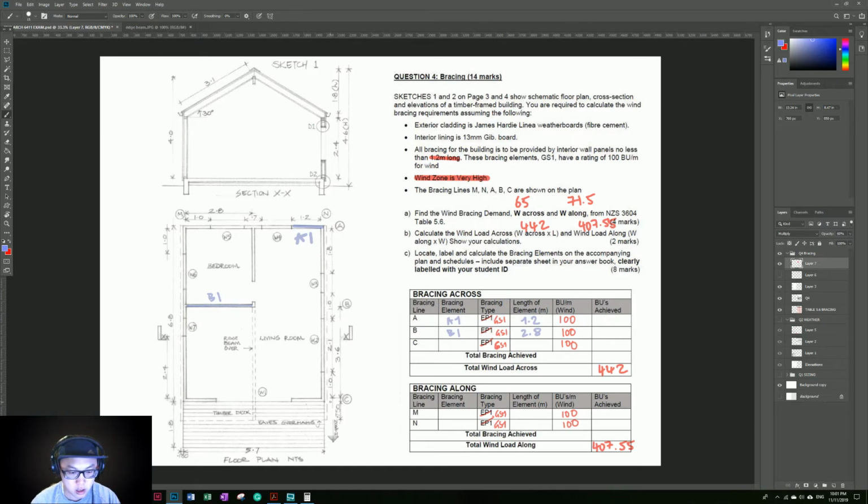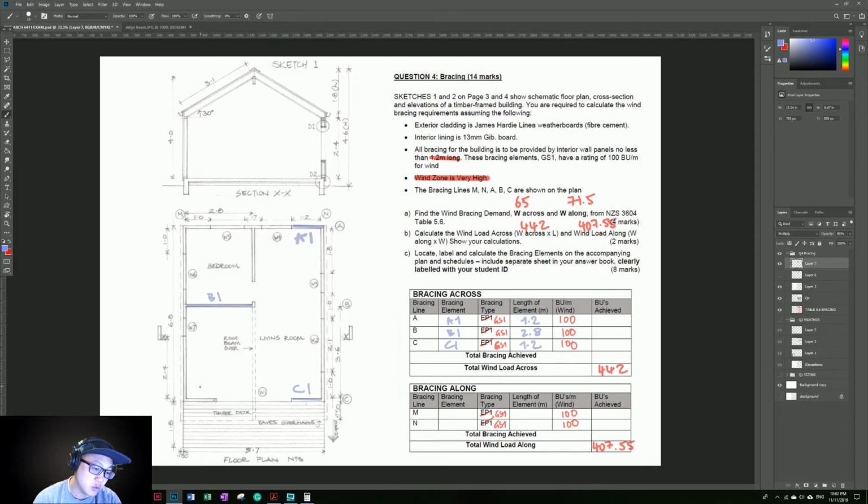And for C, you can either put it here or here. There's no dimension there, but if you just trace a line, it's at the same size, so I would guess that those two walls are 1.2. So you could have it here or there. I'm just going to put a C1 here, 1.2.